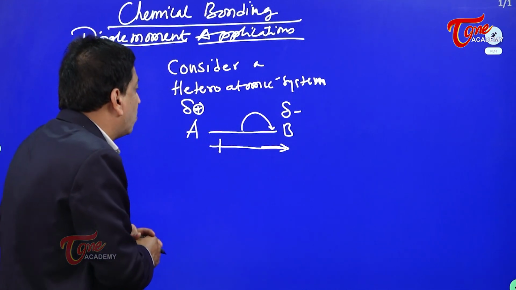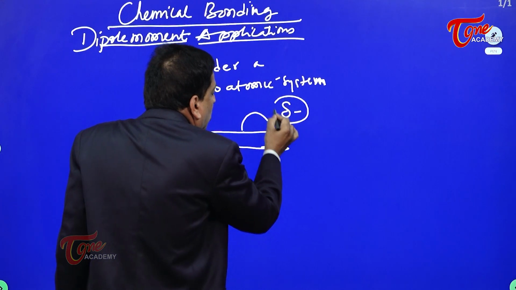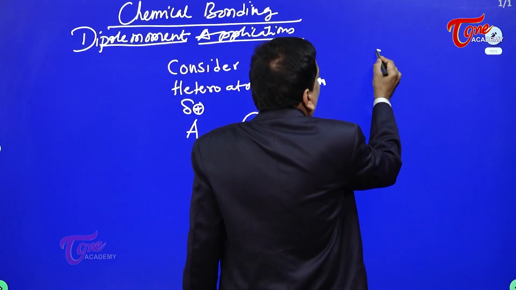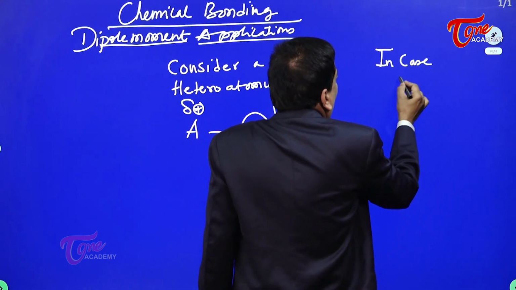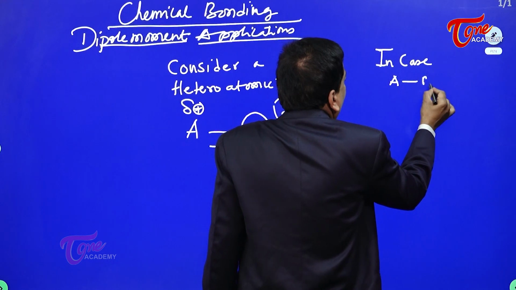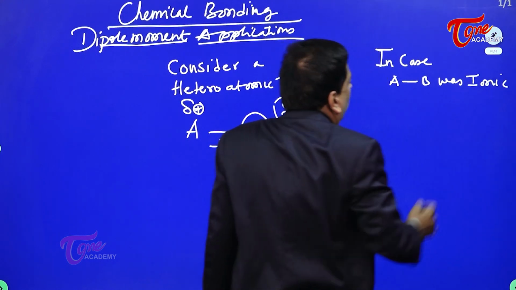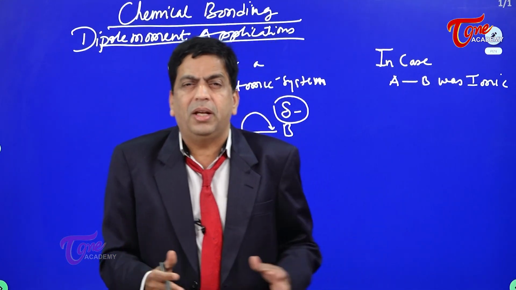So what is there to measure in this? One thing you must understand, this is a partial charge, it's not a full charge. In case AB was ionic, it is hypothetical, it can never be.